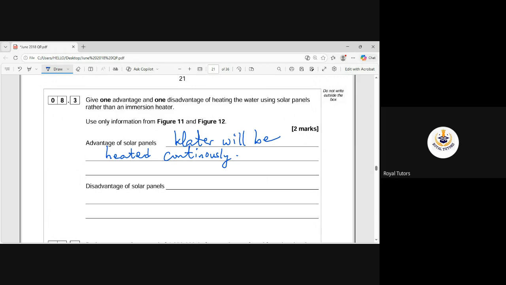I think I will even go with that. It takes longer to heat the water because you are using the sun, so it depends on the intensity of the sun as well. That determines how fast the water gets very hot. So I would say the disadvantage could be that it takes longer to heat the water. Good. Now let's move on.